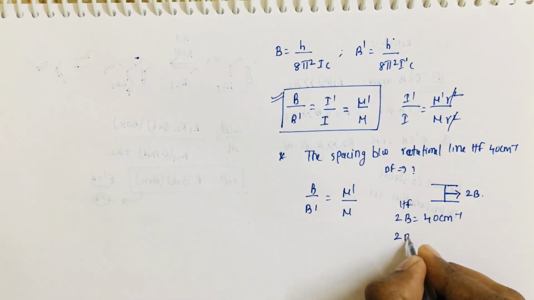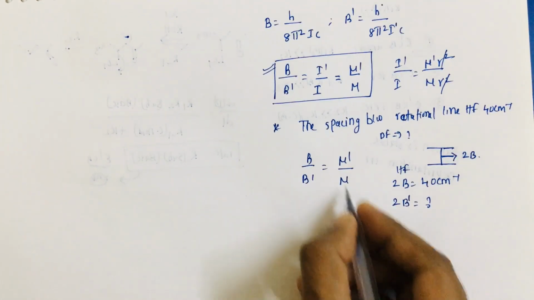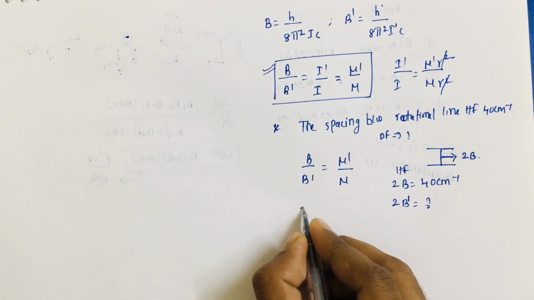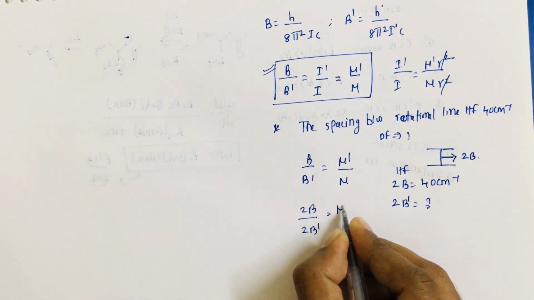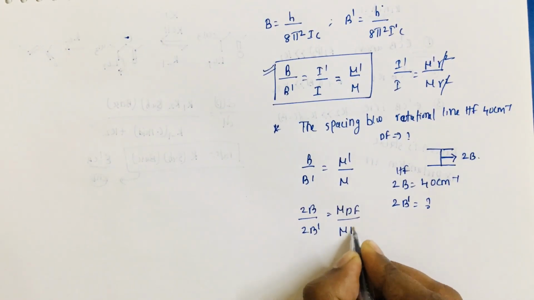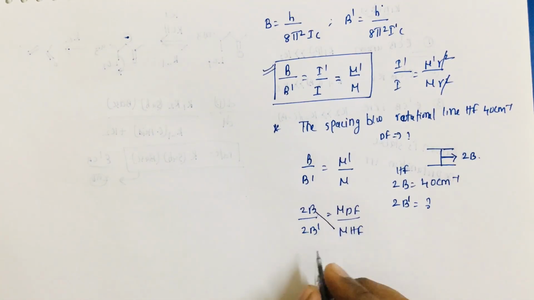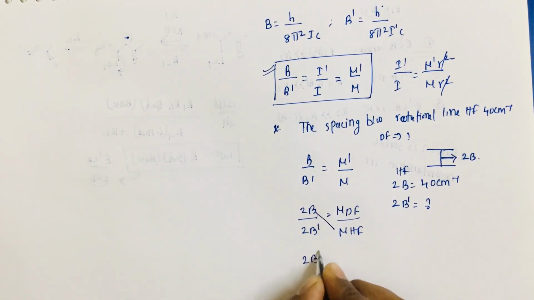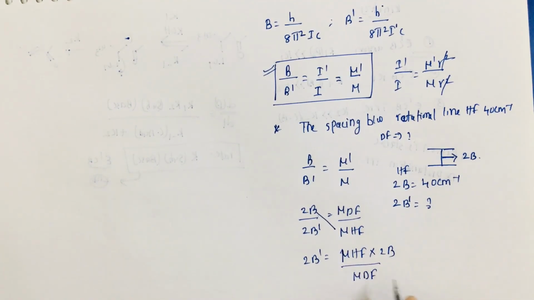Now we have to identify 2b bar, this is for DF. 2b by 2b dash equals nu DF by nu HF, and if it goes this side, 2b bar equals nu HF into 2b by nu DF.